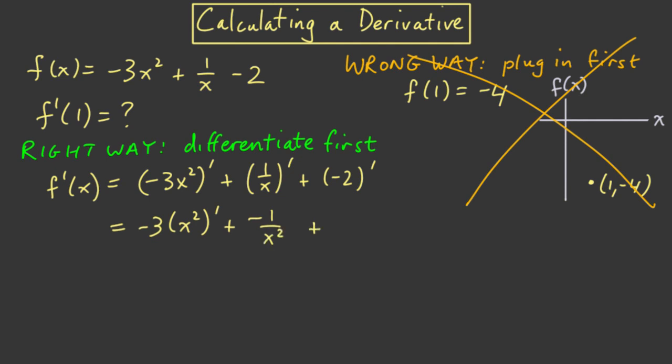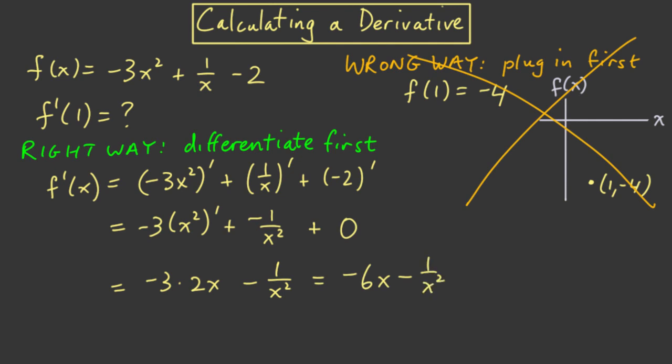And then the derivative of negative 2 is a constant, and the derivative of a constant just by itself is 0. So putting all this together, we're getting minus 3 times, and then the derivative of x squared we've already done, that's 2x, minus 1 over x squared, and that's minus 6x minus 1 over x squared.